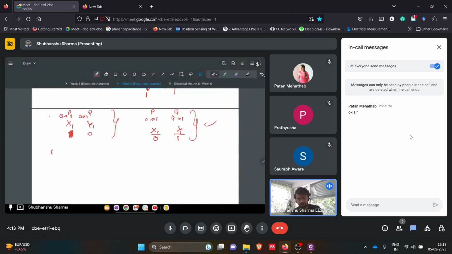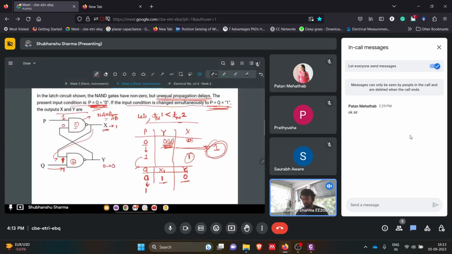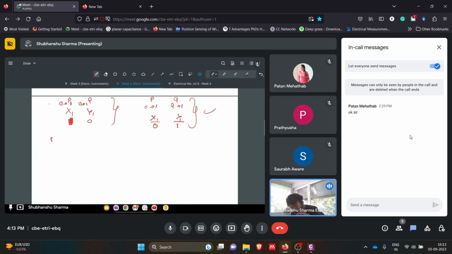Ultimately, I forgot to give you the options in this question, so you may not see where this question is going. But anyway, the conclusion will be: if we change the state of P and Q to 1 and 1, then X will become 1 and Y will become 0, or X will become 0 and Y will become 1, or basically X and Y will change their state.